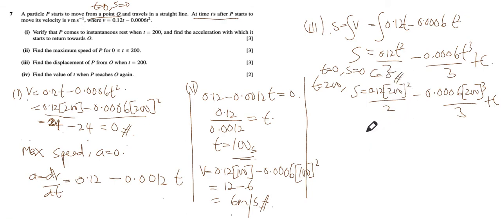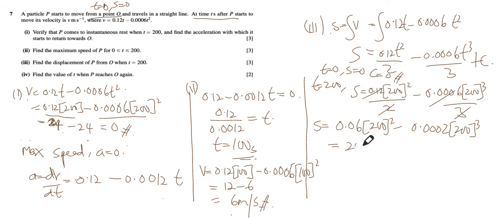So S equals 0.06 times 200² minus 0.0002 times 200³, and the answer is 2400 minus 1600, which is 800 meters.